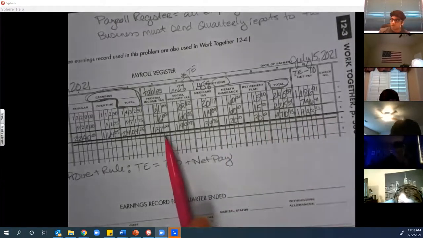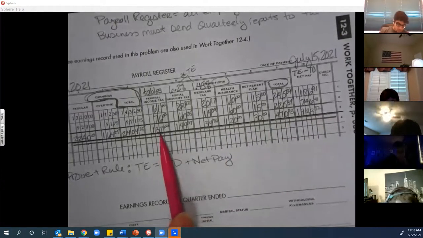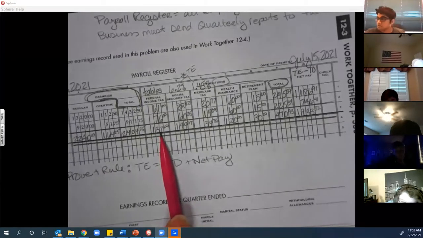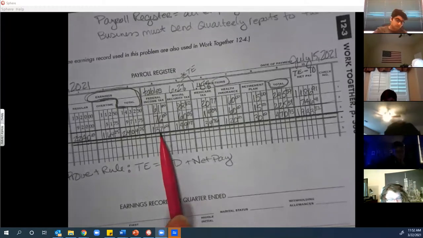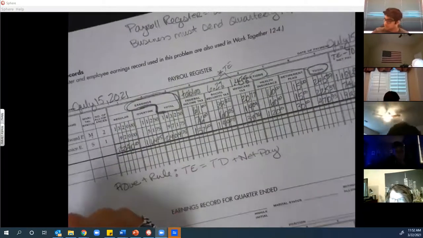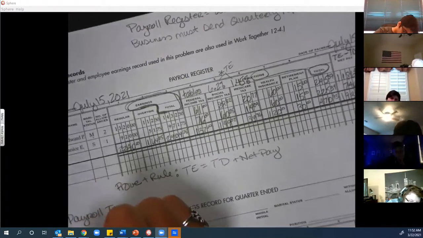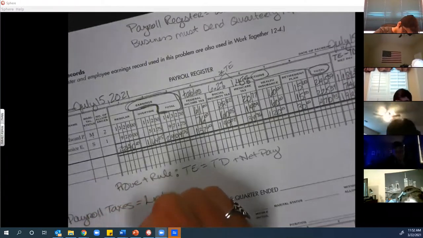But then we also have to pay. When we say that we've pulled out this money from our employees' checks, that becomes a liability to us. It is now a payable from us to the IRS. So payroll taxes are a liability.